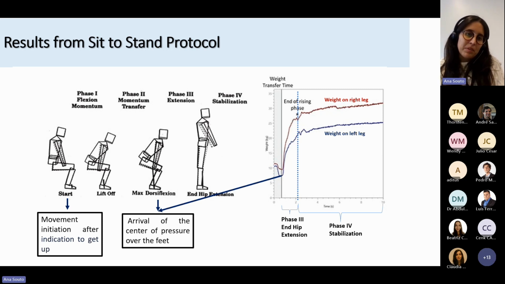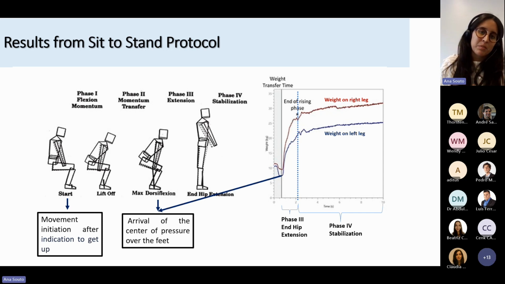Yes, and this happens a lot in the elderly population. It happened not with me, but with some of the patients that I have treated, that sometimes just the fear of moving from a larger and stable base of support to a narrow base of support, which is the feet, and an unstable one.